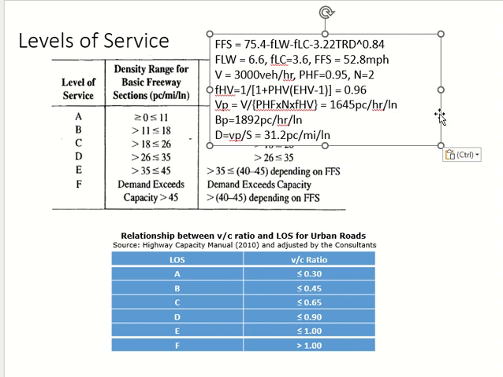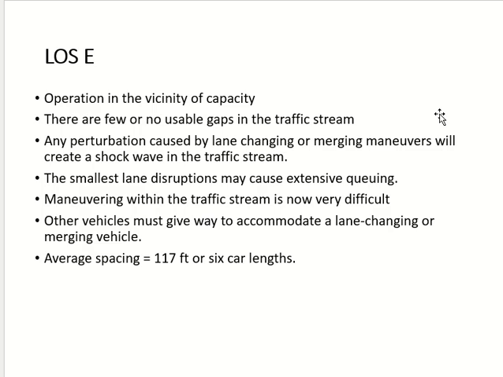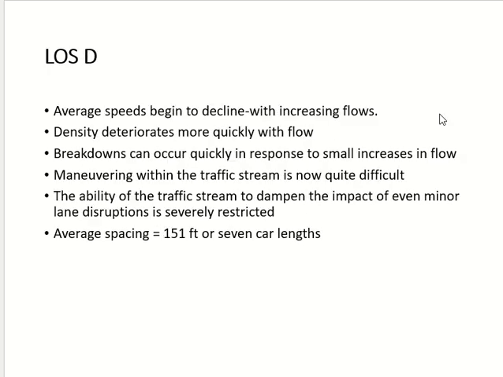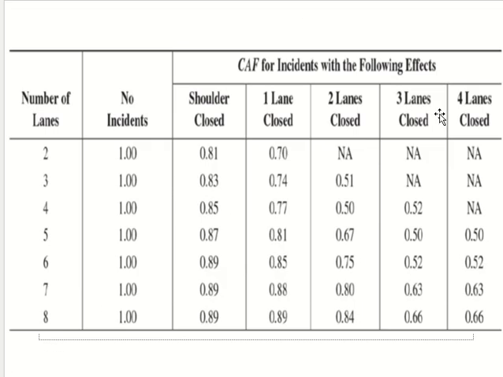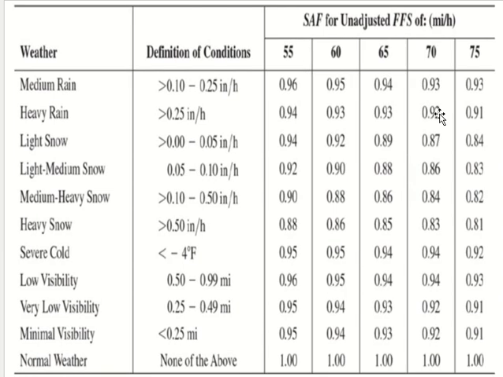But free flow speed will change, not from this equation. Once you calculate the free flow speed, now you will multiply the value with the adjustment factor of weather. So there is a speed adjustment factor for weather.